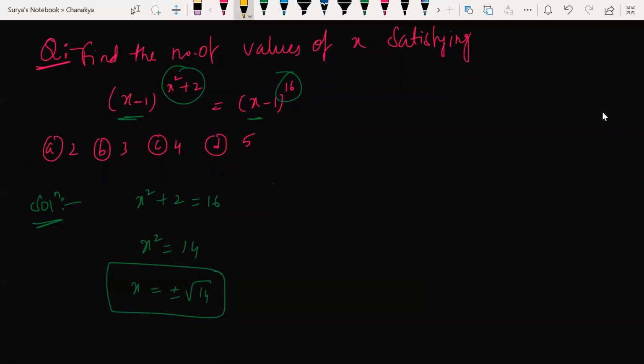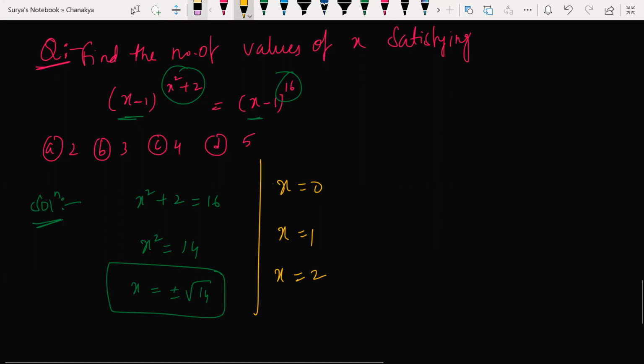हाँ. Now tell me, क्या x का value 0 नहीं हो सकता? Why not x value 1? Why not x is equal to 2? Check. Substitute. If I substitute x value 0, minus 1 to the power of 2 is equal to minus 1 to the power of 16.